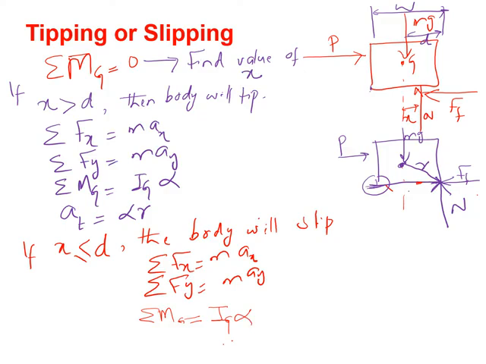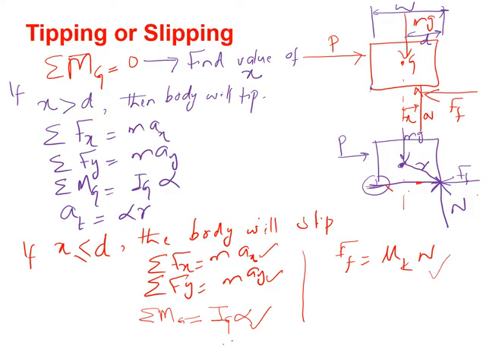Plus the other condition is that your friction force will be equal to mu_k times N. As the nature of the problem is dynamic, you have to apply these conditions.